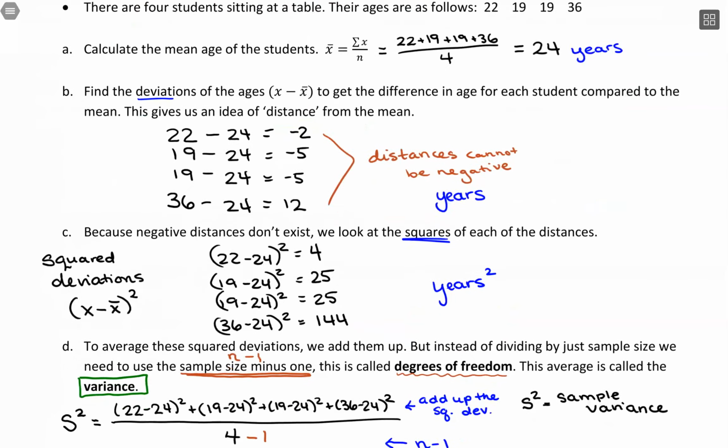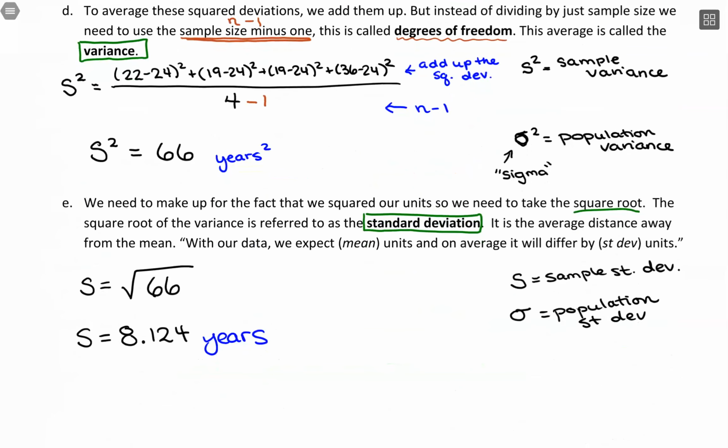So putting this into a sentence, I gave a structure here that you can follow when making a sentence. So with our data, we expect the mean, and on average, that'll differ by what our standard deviation is.